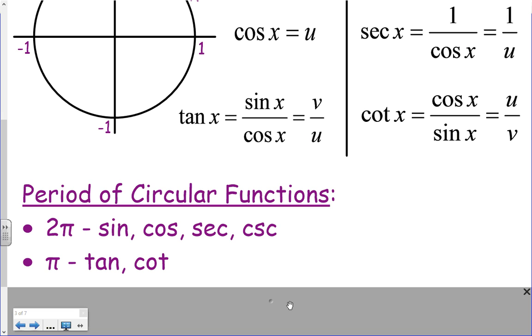Turns out that secant and cosecant have the same period. And tangent and cotangent have a period of pi. Again, when we looked at the sketch of those functions in degrees, if we understand the relationship between degrees and radians, we should understand that those must have a period of pi units.